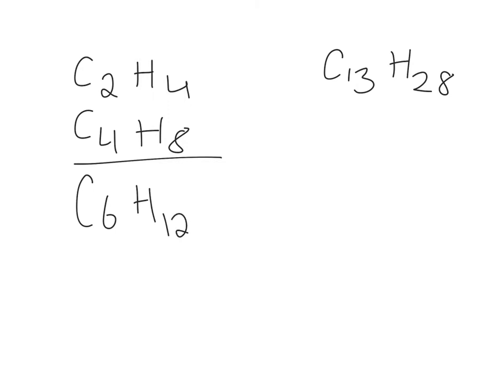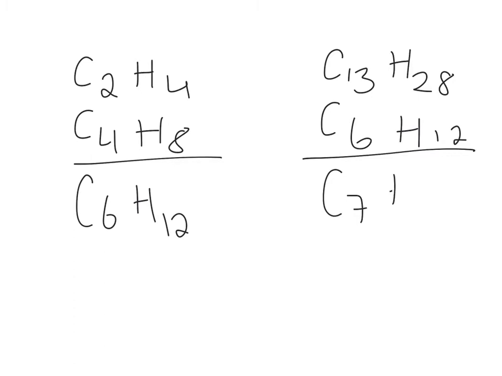So the easiest thing for me to do now is to take my total values of carbons and hydrogens away from the total. So I'd have C13 take away C6, and H28 take away H12. So I'm left with C7 and I'm left with H16. Now that's heptane.